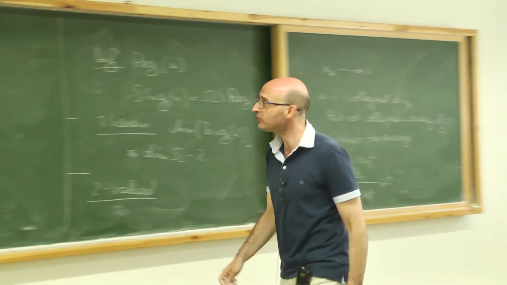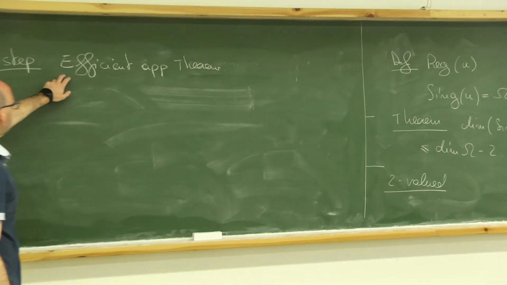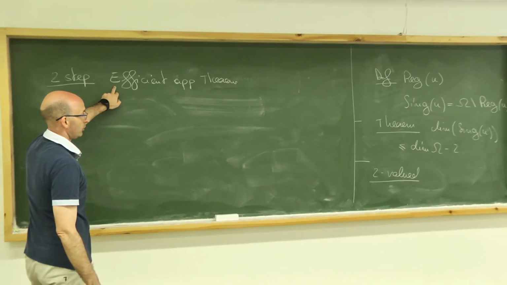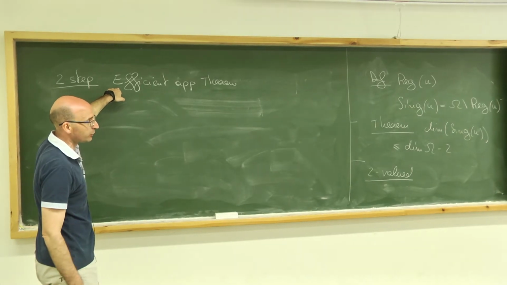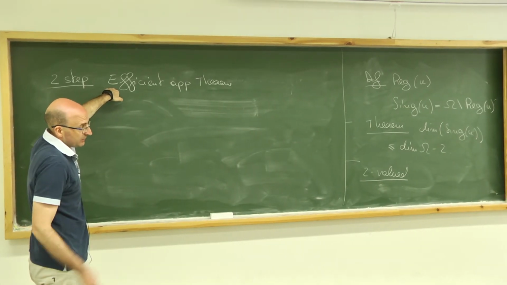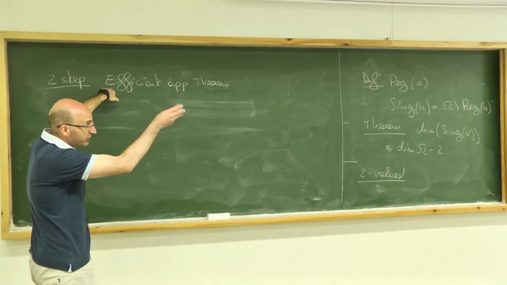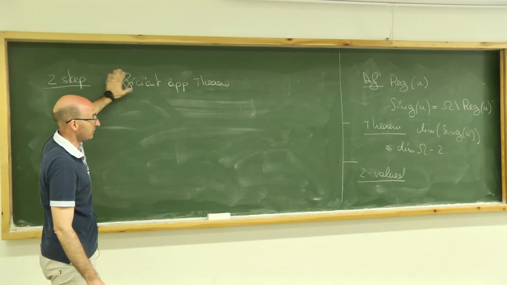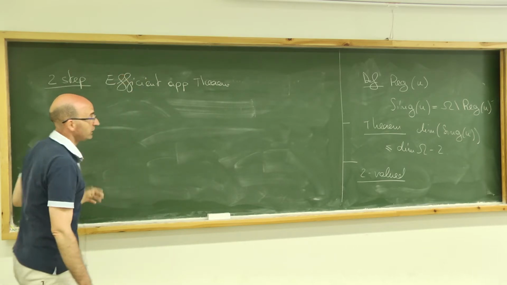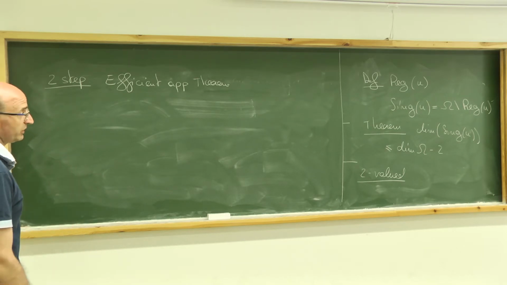OK? So this is where Almgren's proof starts being completely unexplored. Up to the linearized theory that I told you, there were at least a few other people in the literature still using this machinery of multi-valued functions. But when it came to this approximation theorem, it's only the big regularity paper which is a reference for what he is doing.